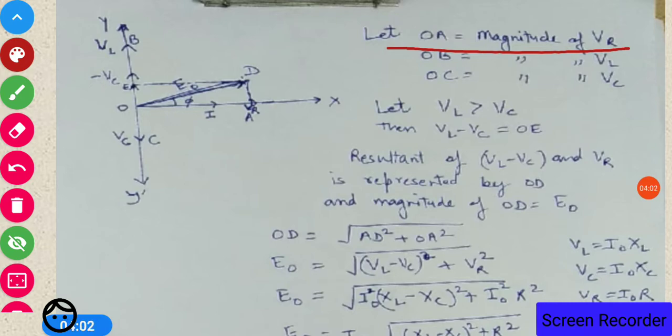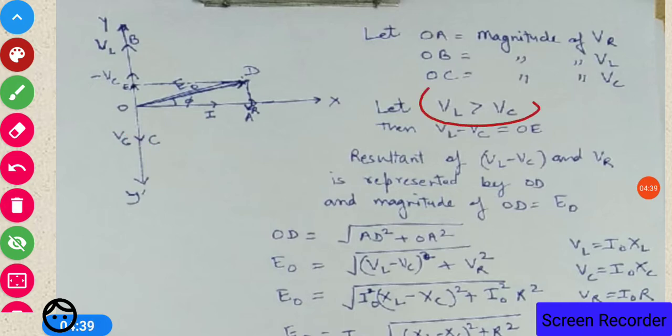So OA, with point O and point A, shows the magnitude of the voltage across the resistor, that is VR. OB represents VL, and OC represents VC. So we have drawn this in the same figure.